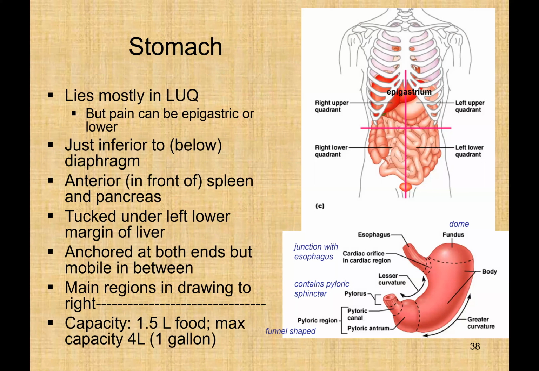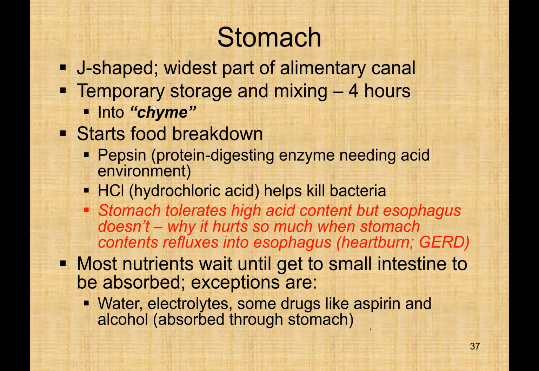All right, so let's continue. When we take the stomach, I've already explained the heartburn. Most nutrients wait until they get to the small intestine, but some water and electrolytes are absorbed from the stomach.